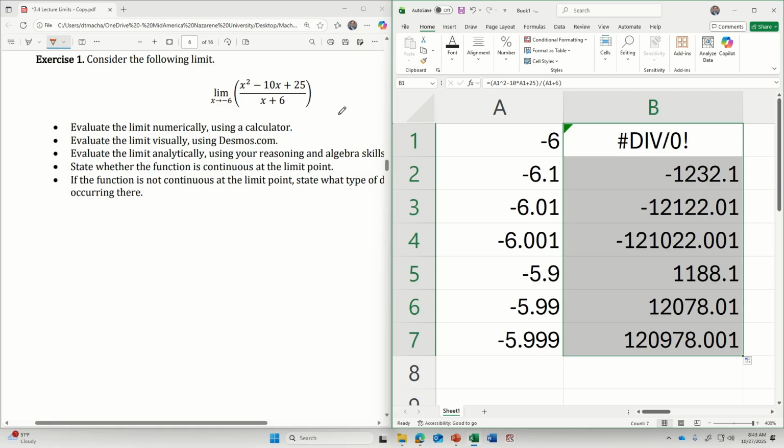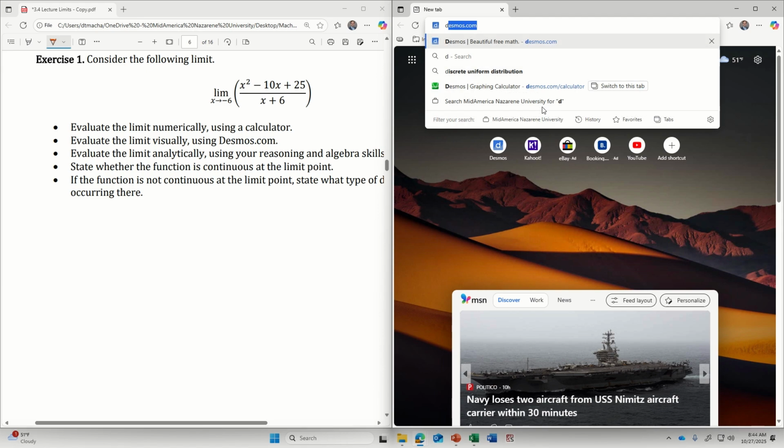Yeah. On the left side, it seems like as I get closer to -6, it's approaching negative infinity. On the right side, as I get closer to -6, it looks like I'm approaching a positive infinity. And we can verify that visually. So we will.